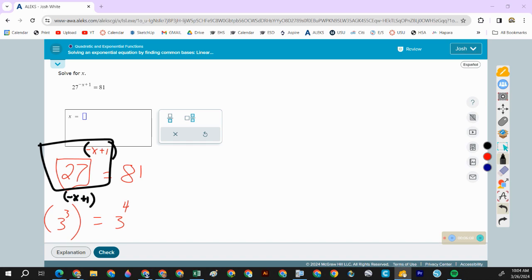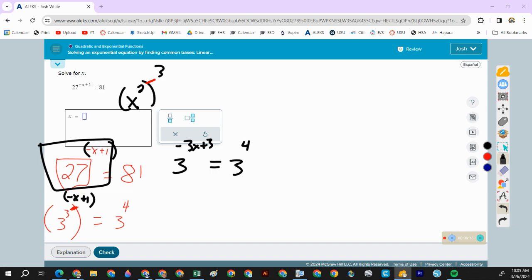Right? And if I had x squared to the third, what is the interaction between those two exponents? We multiply. So the interaction between these exponents would also be multiply. So I get 3 raised to the negative 3x plus 3 is equal to 3 to the fourth.